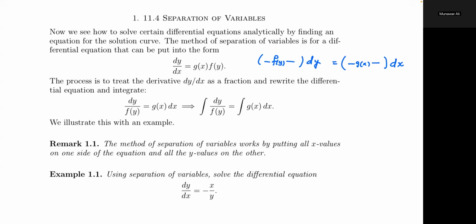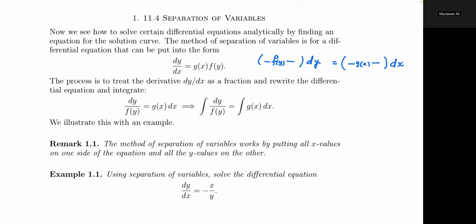So let me write order of differential equation. If the order is equal to 1, then you apply separation of variables. If the order is not 1, or maybe greater than 1, it can be second order, third order, or something else, then you don't need to apply this. Then you have other methods, for example.